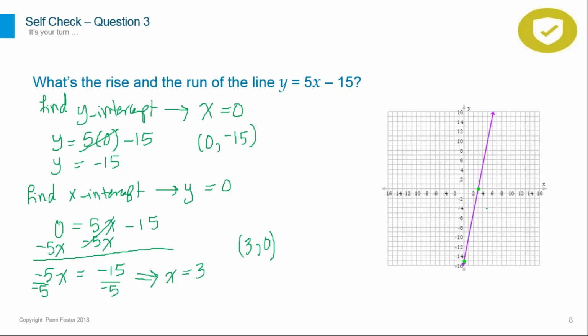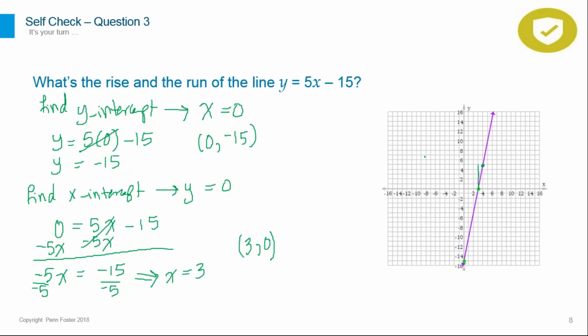Let's take the point (3, 0) and pick another point like (4, 5), and see what we should do to reach from this point to that point. We have to go up 1, 2, 3, 4, 5.